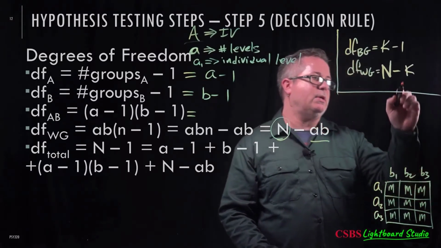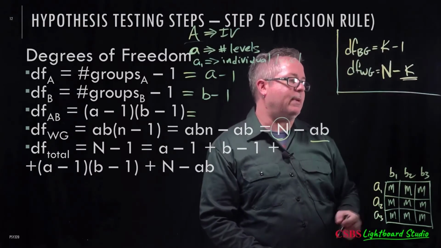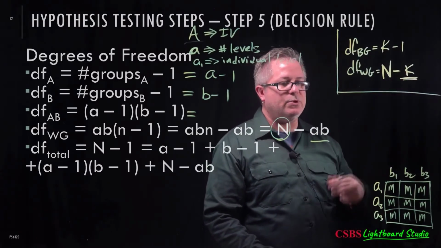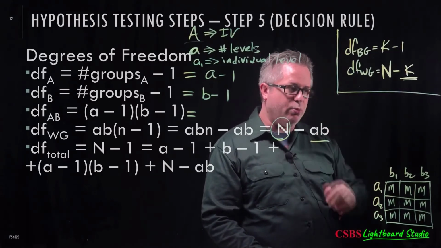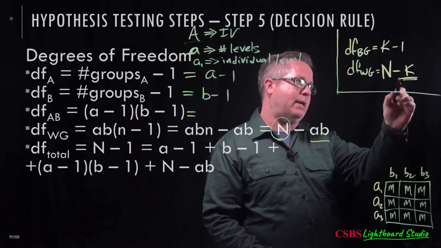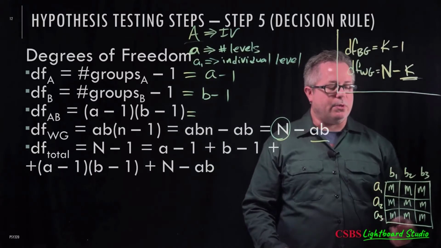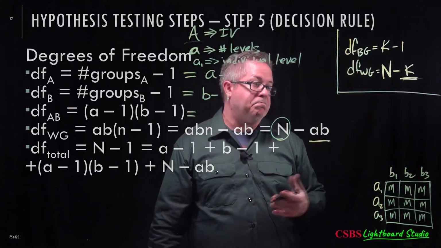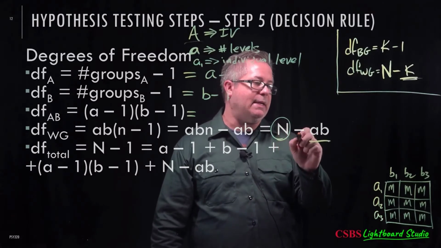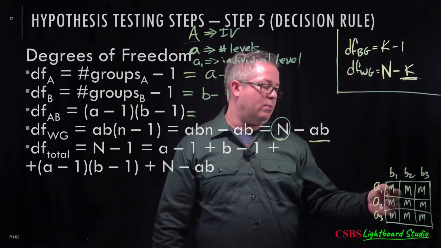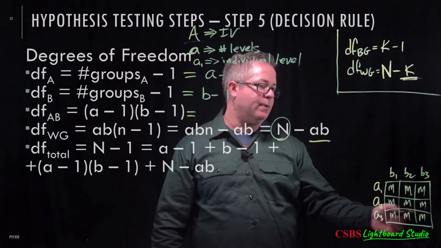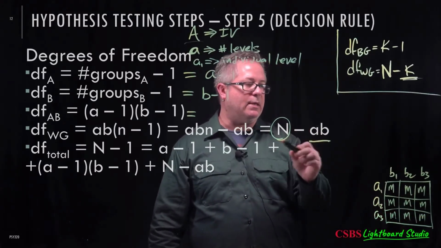So really, it now takes the place of my n minus k, because k before was that I'm losing 1 mean per group, and I have k groups. Well, same thing here. I have A times B number of groups, so I'm taking my n minus the 1 mean for each one of these groups, which means I lose a degree of freedom. So degrees of freedom now are going to be n minus AB.